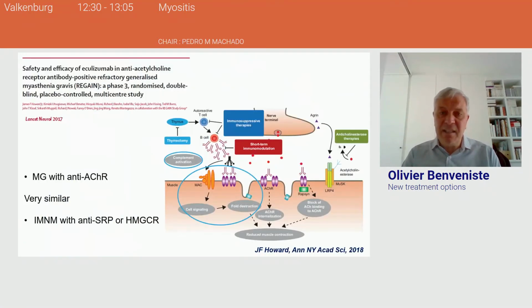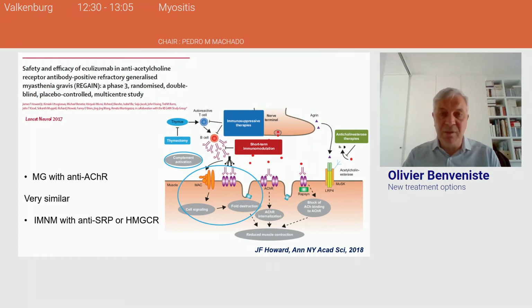And this is very near to what we know from myasthenia gravis, where I remind you that we have anti-acetylcholine receptor autoantibodies, which can find their target at the level of the muscle fibers at the end plate, and activate the complement. And now anti-complement strategy got the authorization of use.